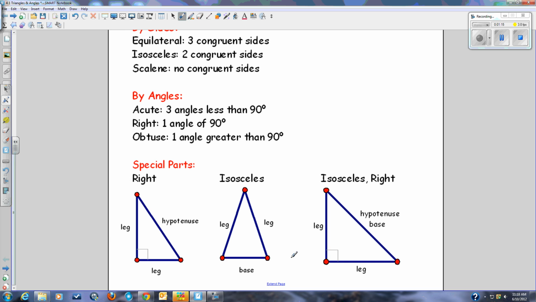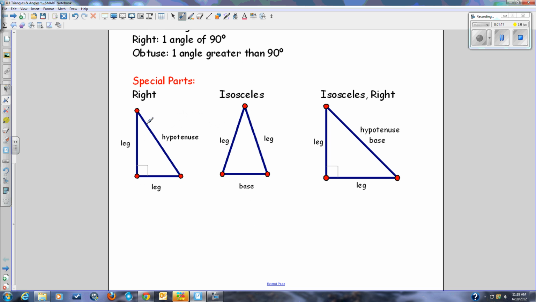Now, if we are to look at special parts of triangles, a right triangle looks like this. The longest side is called the hypotenuse, and it's opposite the right angle. The other 2 sides are called legs. With an isosceles triangle, the 2 equal sides are called legs. The third side is called a base.